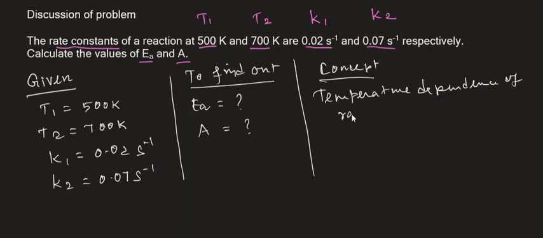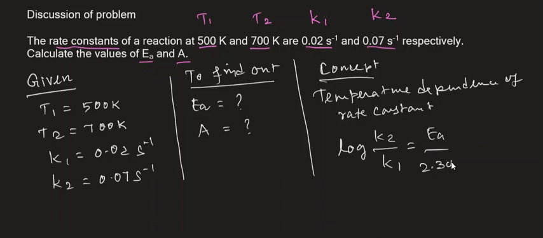The logarithmic representation is log K2 by K1 is equal to Ea divided by 2.303 R into T2 minus T1 divided by T1 T2.